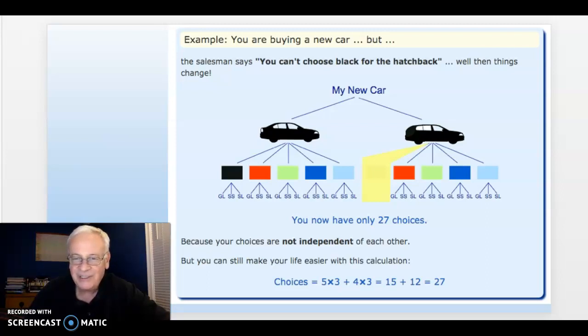Well then of course things change. With the sedan side, you can still get 15 choices, 5 times 3. But the hatchback side is limited. It's only 4 times 3, not 5 times 3. So you just have to add that in. You can't just multiply it out. So you end up with 27 choices.